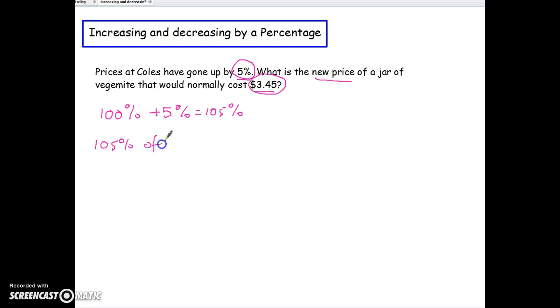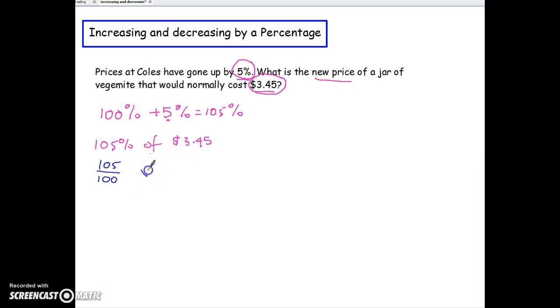105% of $3.45. So the 100% is no change, $3.45, plus the extra 5%, it's going to increase it. So just as we've done with every other percentage problem, our 105%, we're just going to write as 105 divided by 100, because percent and divided by 100 mean exactly the same thing.